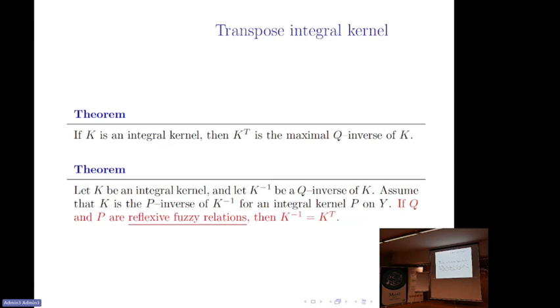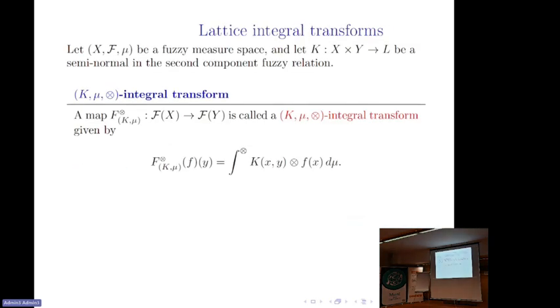So from both sides, K is Q inverse, this is Q inverse to K, and K is some P inverse to that. So if Q and P are reflexive fuzzy relations, then this K is, yeah, perfect.